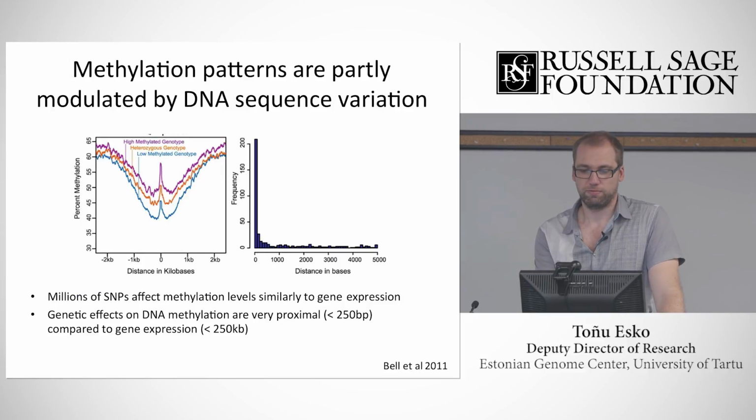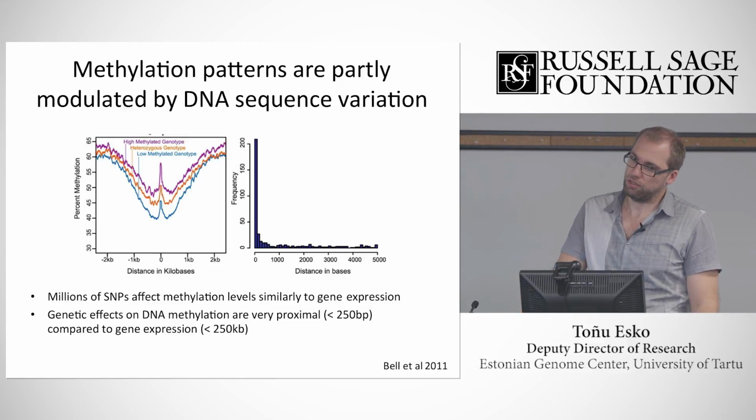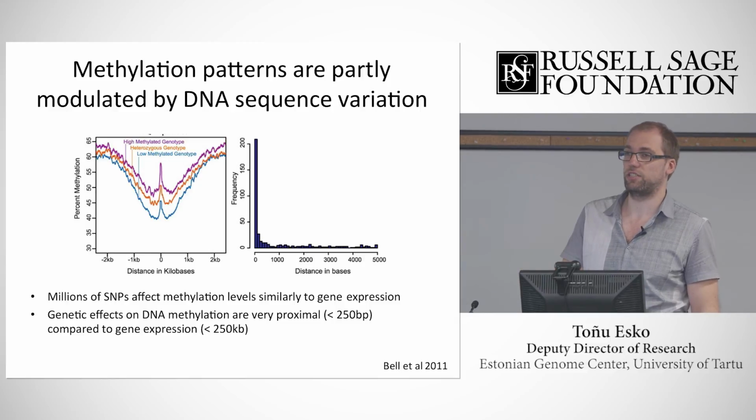And then, as a last point, there is a large fraction of the methylation or epigenetic differences between individuals that are associated with genetic changes. I think half of the methylation differences can be explained by genetic differences between individuals.